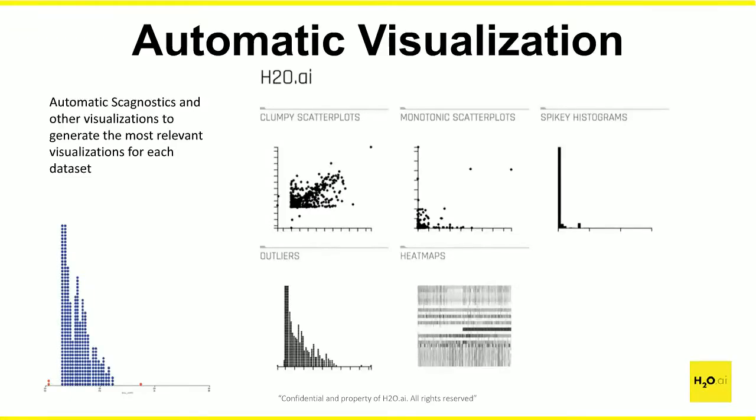I do want to show you the tool. I'm only going to briefly talk about these things from a high level, but automatic visualization is a tool that you can use from the get-go.